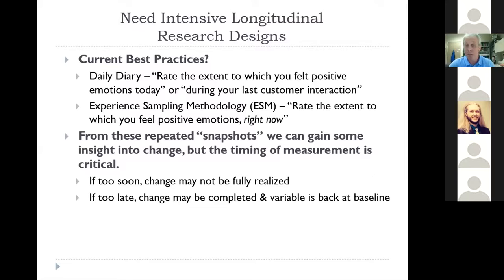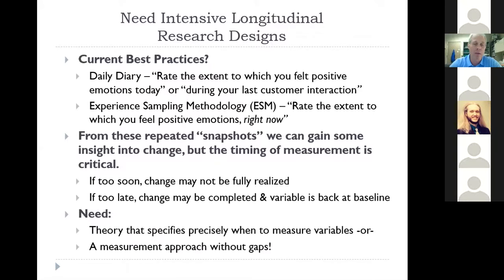It may not have even started. If we are too late in our assessment, the change may be over, it may be completed, and maybe we return to baseline. Or worse yet, maybe we are experiencing something in the intervening time period that we weren't even aware of that led to the level of the variable that we're currently observing.